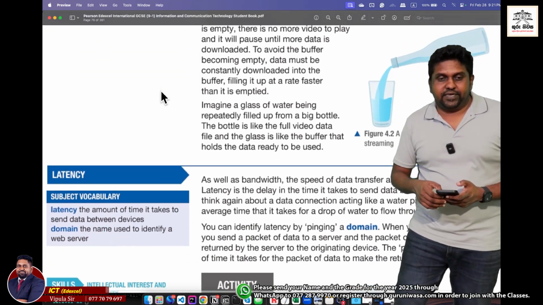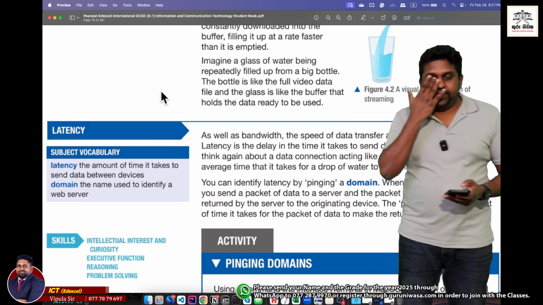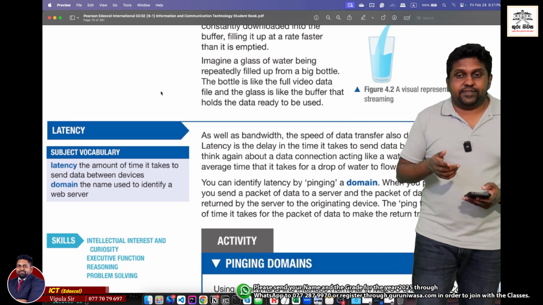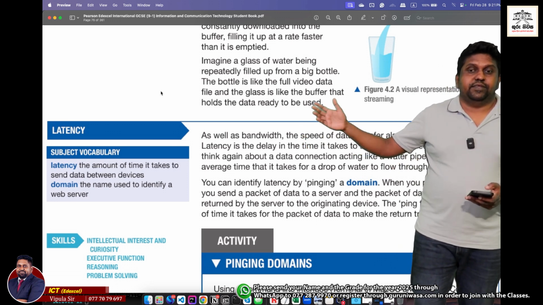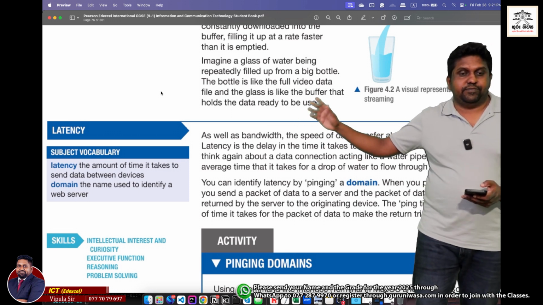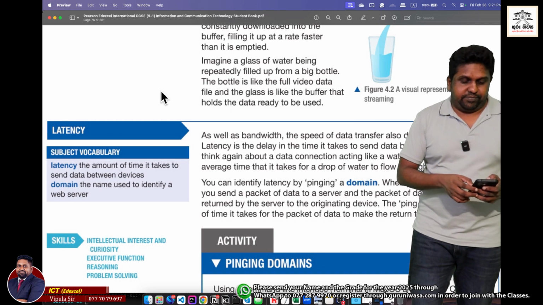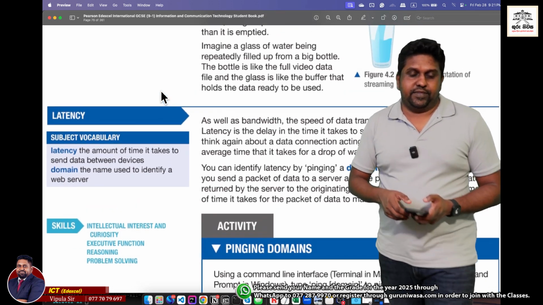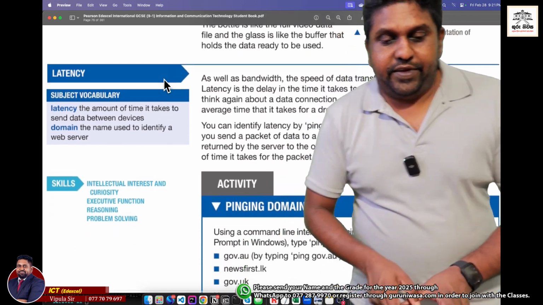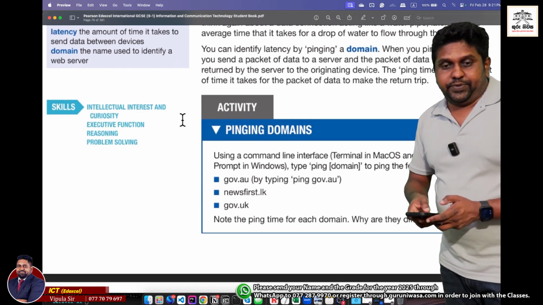First, understand latency. Latency is the amount of time it takes to send data between devices over the domain, the name used by the system. Okay, so let me show you guys what latency is. Now here we talk about something known as pinging domains.